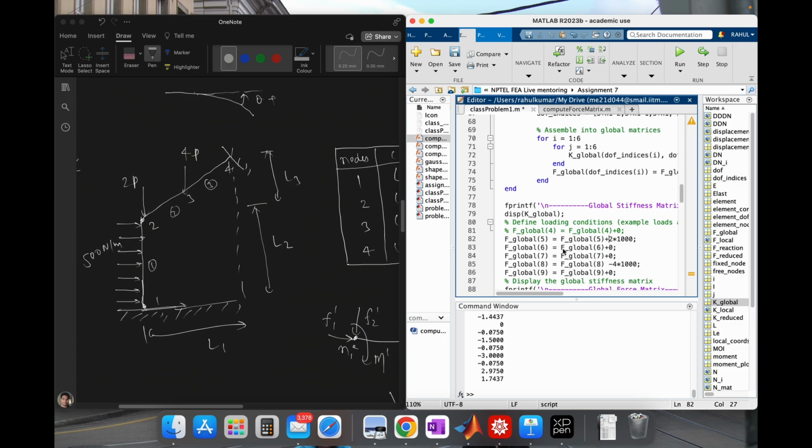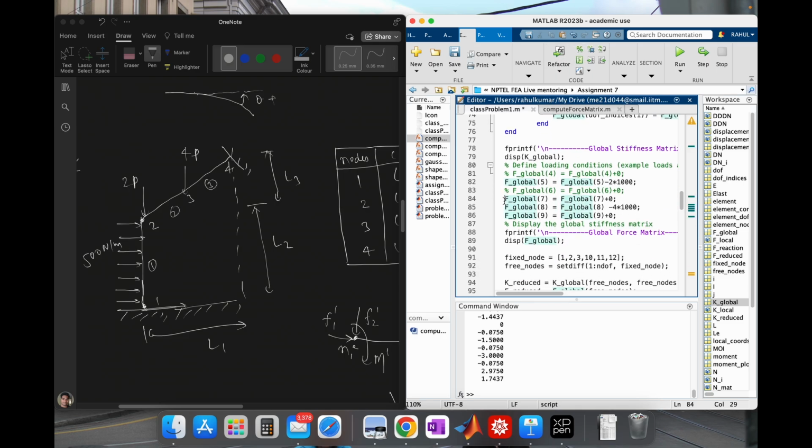So that's why we need to use plus 2000, or I mean it won't matter, even if you use minus 2 it won't matter, because it will be independently added, because if I talk about the bar problem, there is no such force. There is no such moment at node 2, so even if I comment it, it won't matter for us.